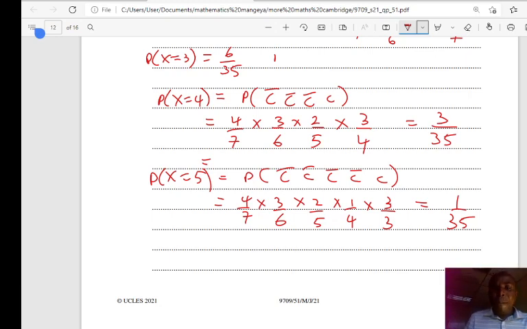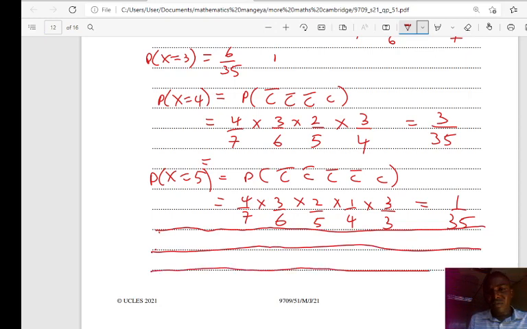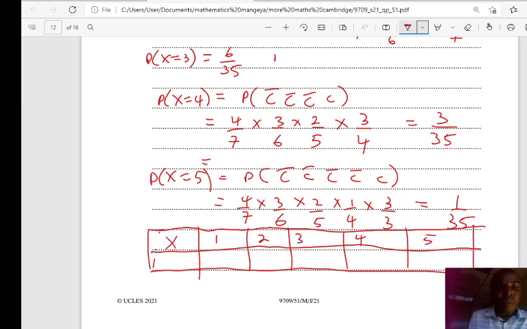Then drawing our probability distribution table, we have 1, 2, 3, 4, then 5. This one will be x, the number of tins. Then the probability of X equal to x.